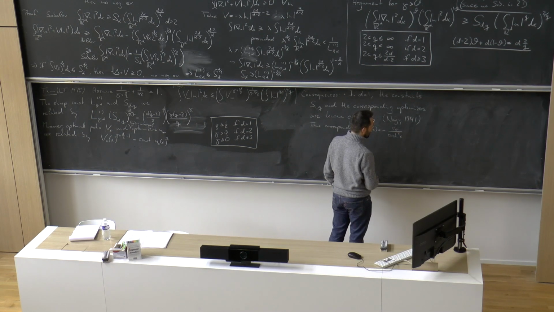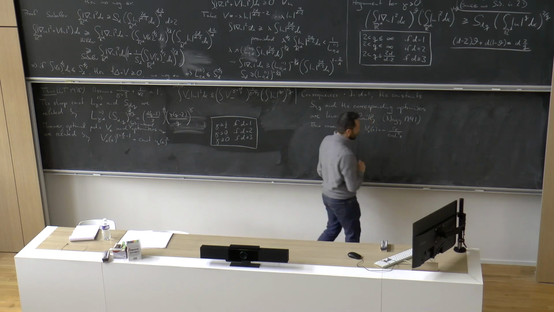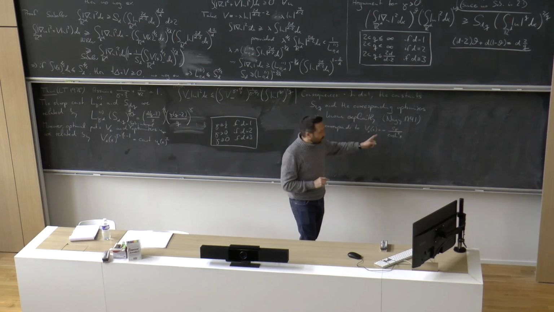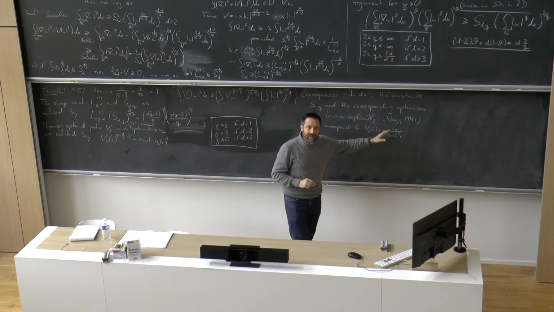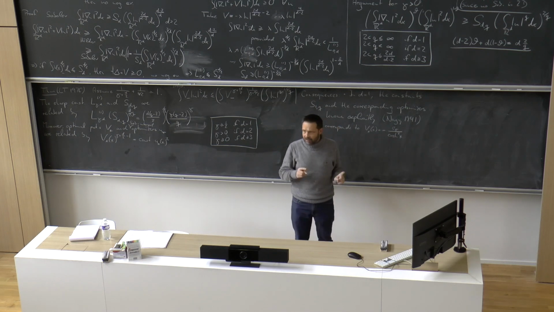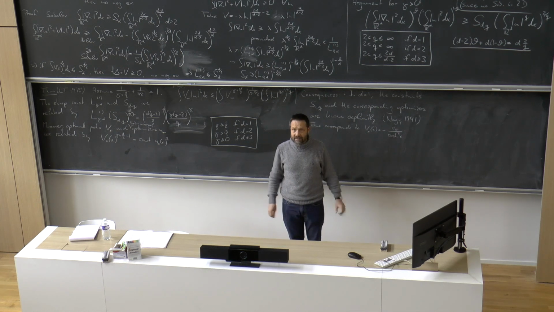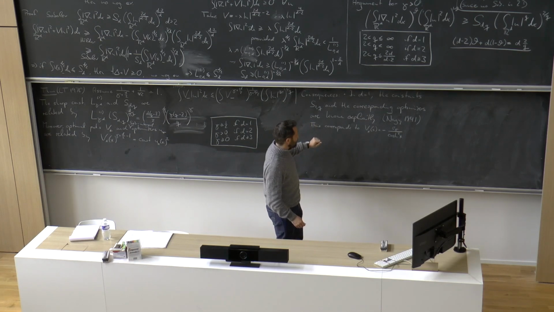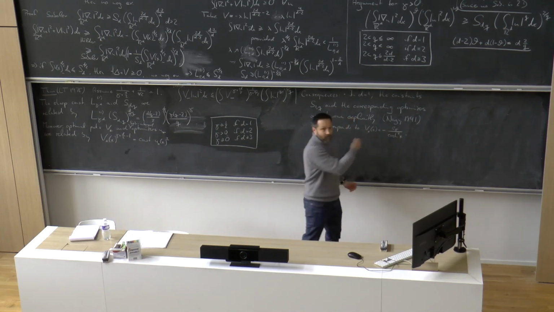Don't make a mistake here, I should double check that statement. Either it's a cosh squared of x or it's a power thereof, but I think it's always a potential of this type. These are the optimal potentials.